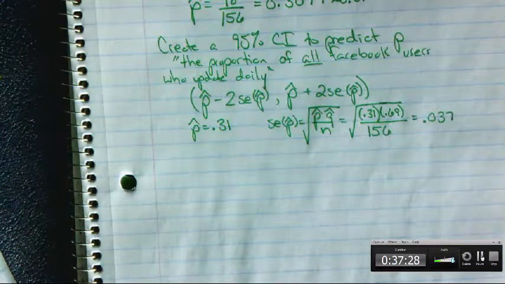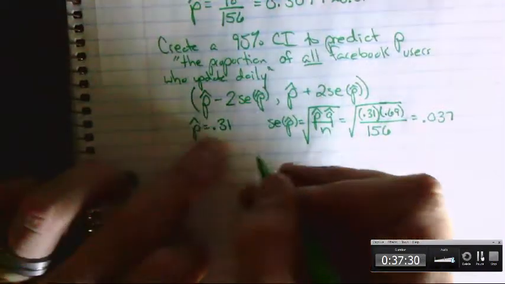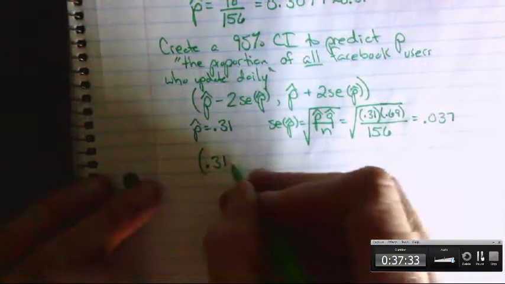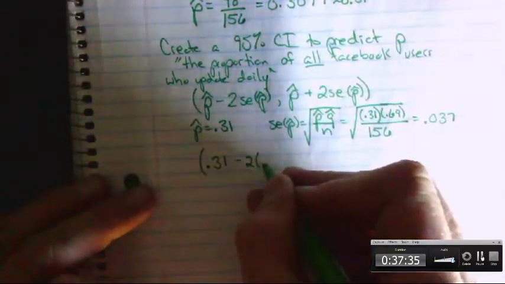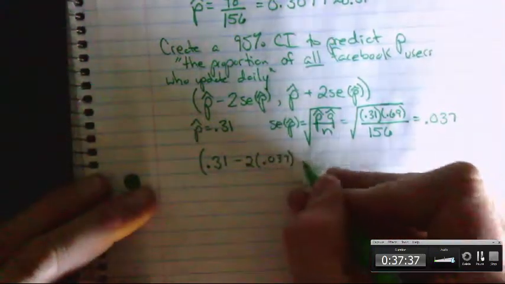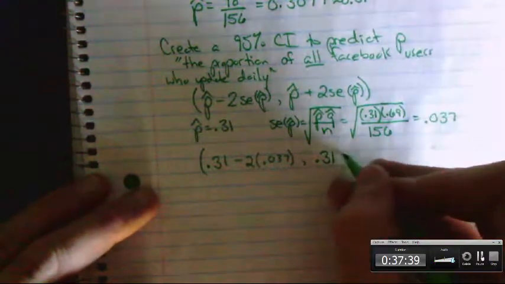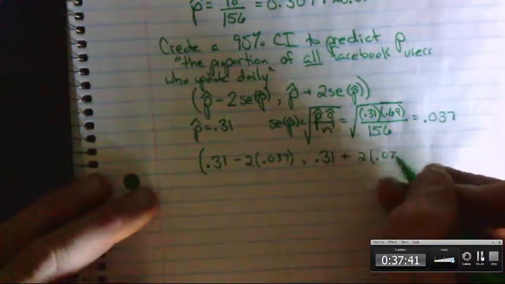So our confidence interval is going to be p hat, 0.31, take away 2 times 0.037, and p hat, which is 0.31, plus 2 times 0.037.